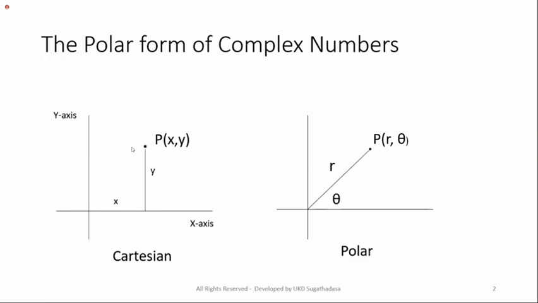In the second diagram, the polar form, P is r comma theta. The point is uniquely defined by two methods: using x, y coordinates, or r and theta, the distance from the origin to the point and the angle measured from the x-axis. The point could be in the second, third or fourth quadrant.